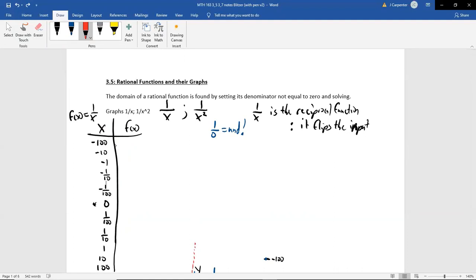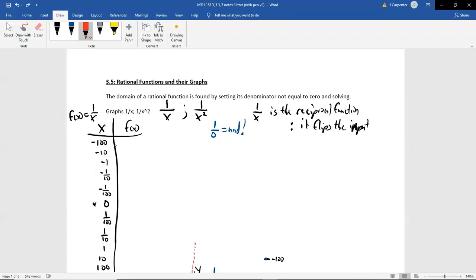So I'm just going in factors of 10. So 2 zeros, 1 zero, no zeros, now divided by 10, divided by 100. And I could keep going, divided by 1,000. I could do -1,000, -10,000, but this is going to get the point across. Then I could go -1 over 100, -1 over 1,000, -1 over 10,000, but I'm just stopping at -1 over 100. Then I go to 0, and I have an asterisk next to that for a reason.